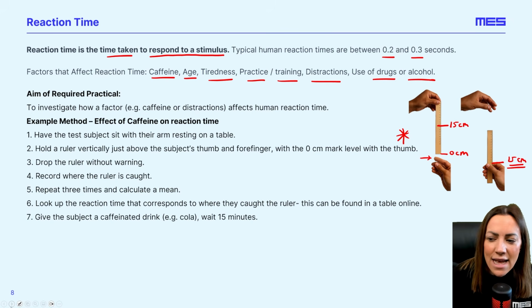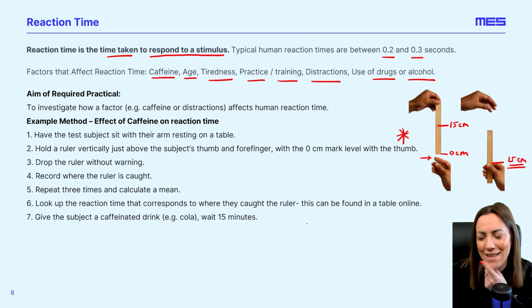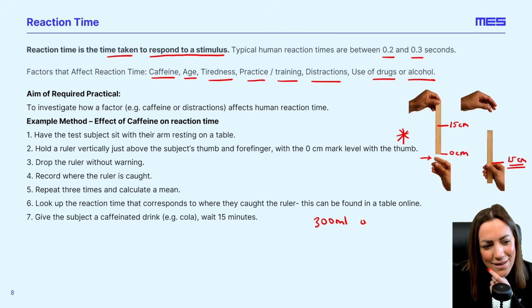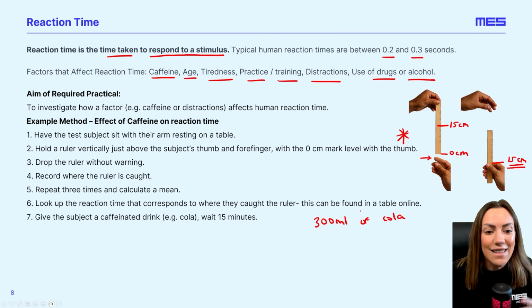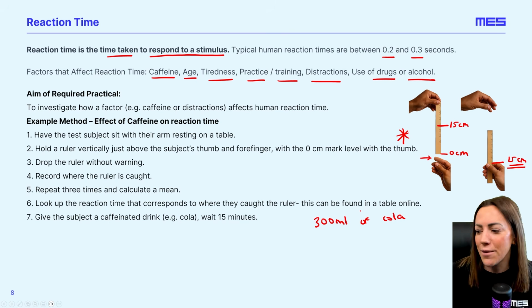Then you'd have to repeat the whole investigation, but you'd have to give the subject a caffeinated drink. So e.g., you could make them drink, I don't know, I was going to say a litre of cola. That's probably too much. Let's say 300 mils of cola or something that is caffeinated, maybe coffee.